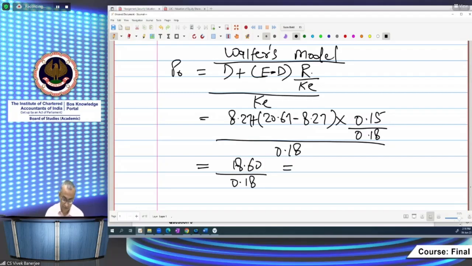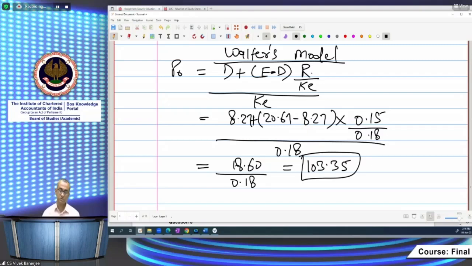So 18.60 divided by 0.18 is 103.35. 103.35 is the answer according to Walter's model.